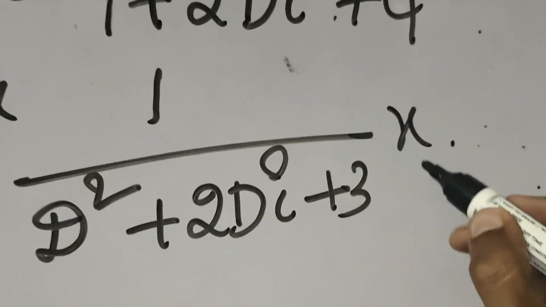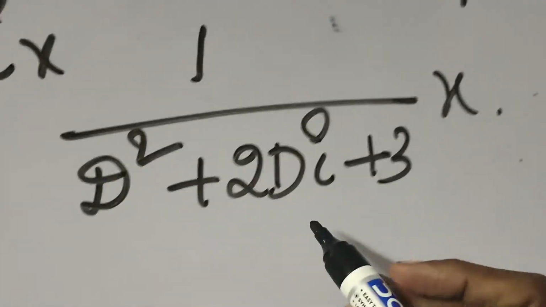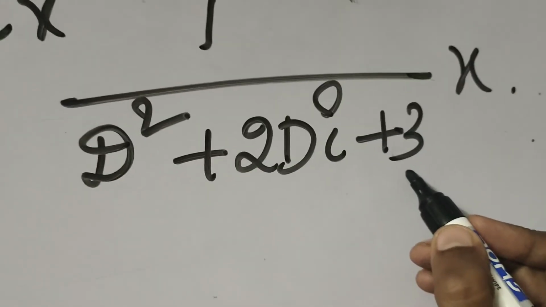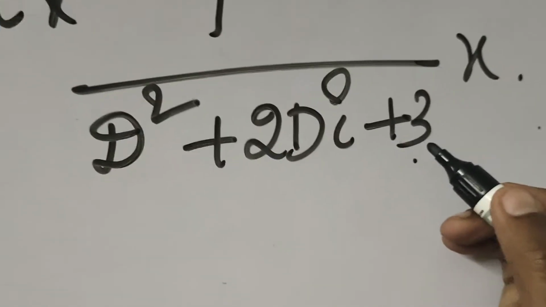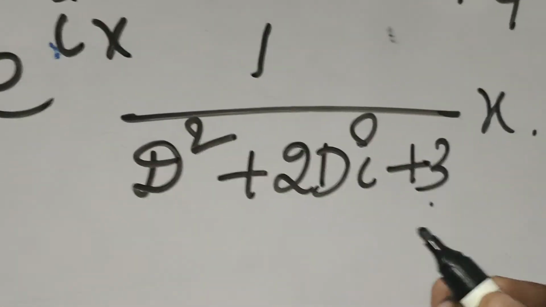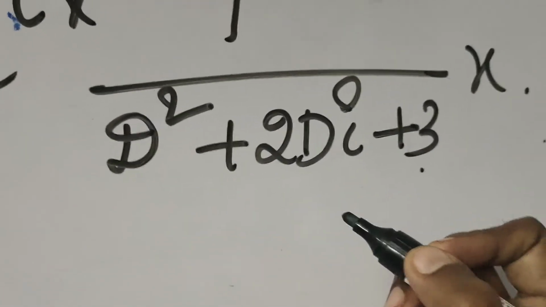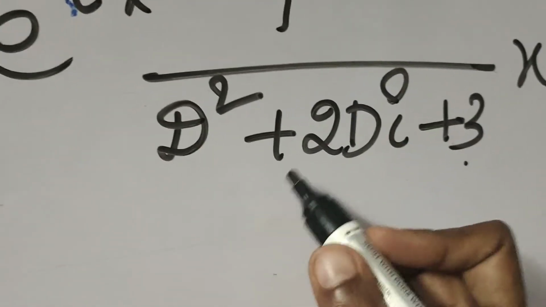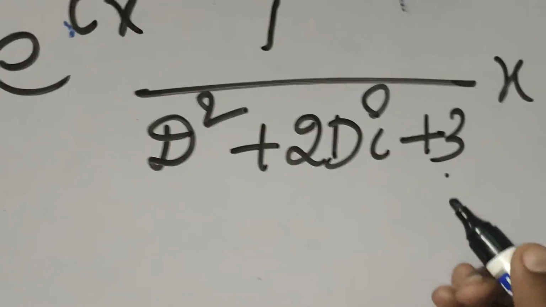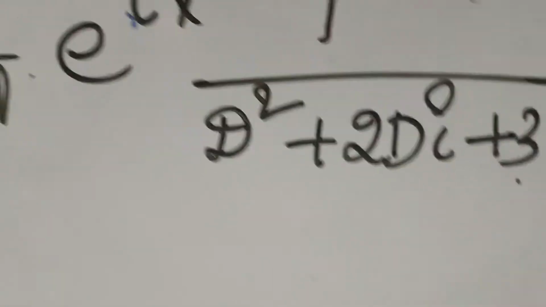Now applying case 3 of the particular integral, take the constant out as common. Why? Because in case 3, the denominator of f(D) must be of the form 1 ± f(D), so take the constant 3 common.